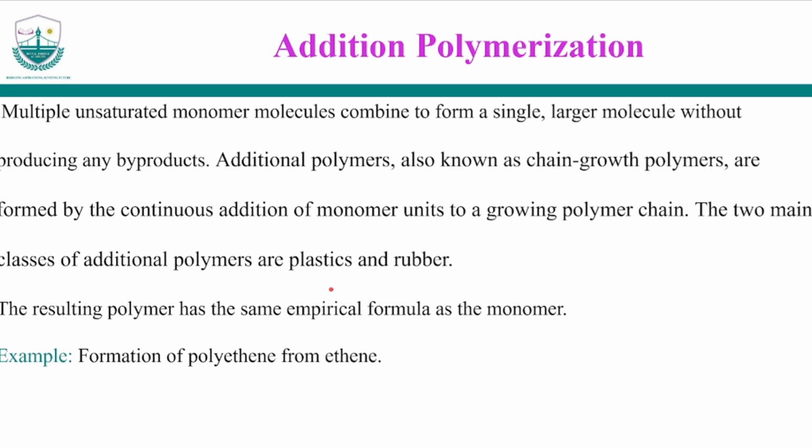So because we are adding the same repeating units, usually the large polymer will have the same empirical formula as the monomer. This is something that you learn in future. So polythene is an example here, which is made from ethene.